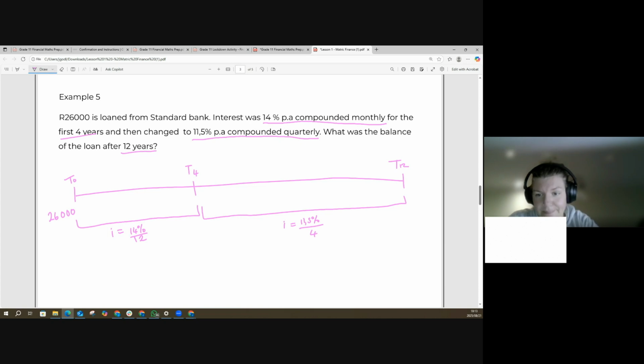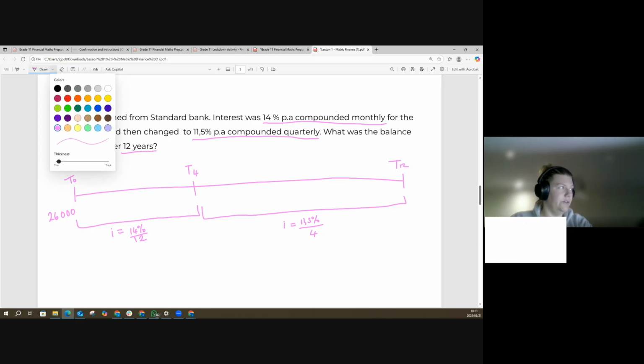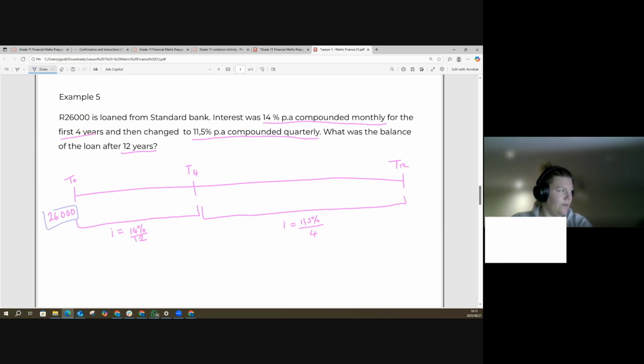So that's what our timeline would look like. What we're trying to do is follow the journey of our 26,000 and see what happens to it.